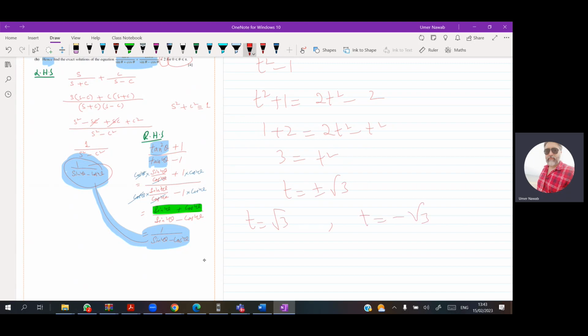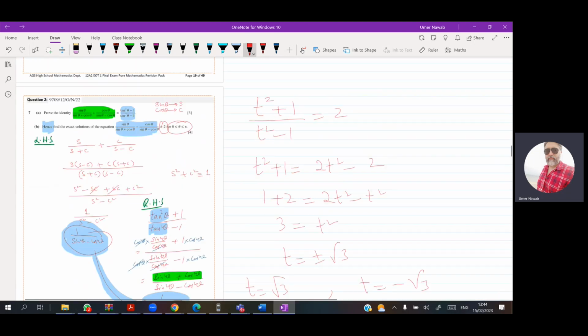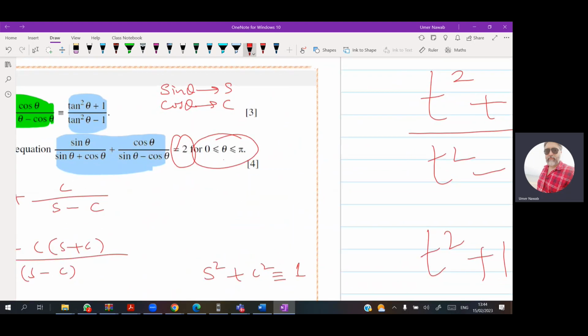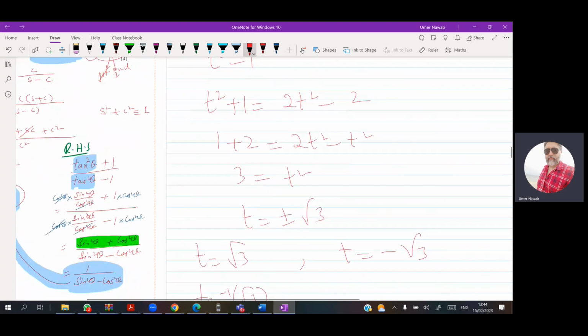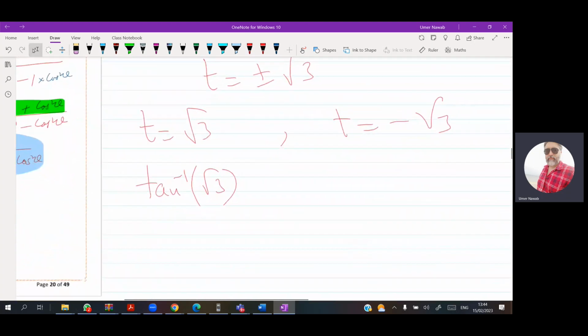Done. Your tan is positive in the first and the third quadrant. So I want this answer in the first quadrant, because the third quadrant is not given here. Look, the domain which is given to you, he wants the answer only in the first and the second quadrant. So if any answer comes to you in the third and fourth, you need to discard it. And this is the answer which I'm going to get in the second quadrant. How can I make it? The acute angle will be tan inverse of square root of 3. So I can write 180 minus inverse tan of square root of 3.